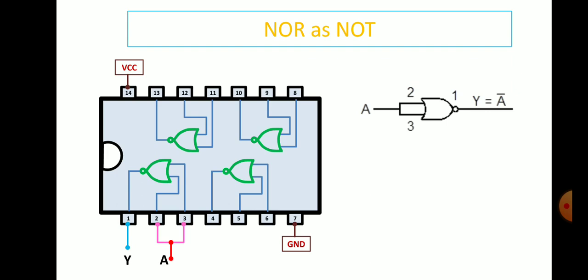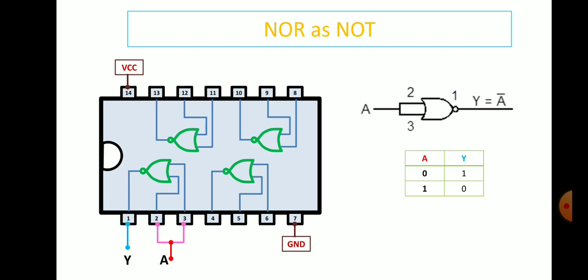We know a NOT gate consists of only one input and one output. If we are providing logical 0, output will be logical 1. If we are providing logical 1, output will be logical 0. How we are providing that, we know. If we connect input A to the ground, that will be considered as 0.